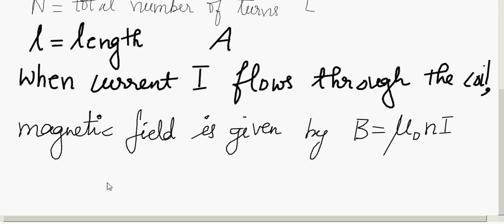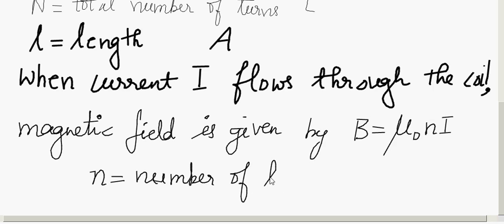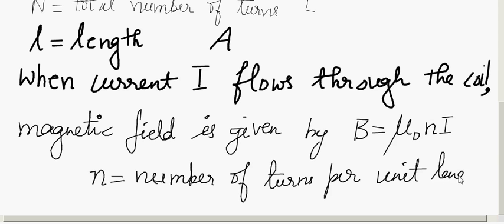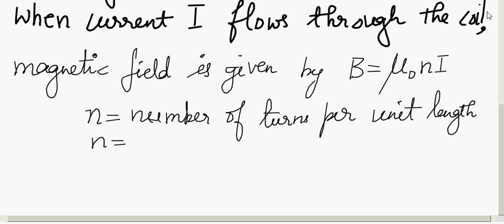This is the number of turns per unit length. Small n in terms of capital N is given by small n is capital N by L.